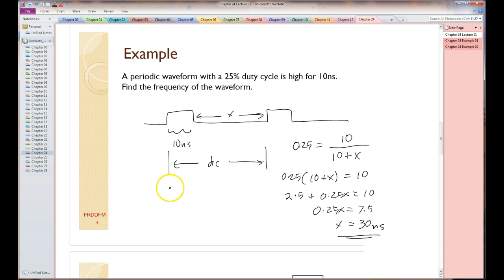Total period is 10 plus 30 nanoseconds. So the frequency is 1 over period, equals 1 over 40 nanoseconds, and we'll leave it in this form. That's good enough. Usually you might want to do the math on this and put it in hertz, but we won't go there.